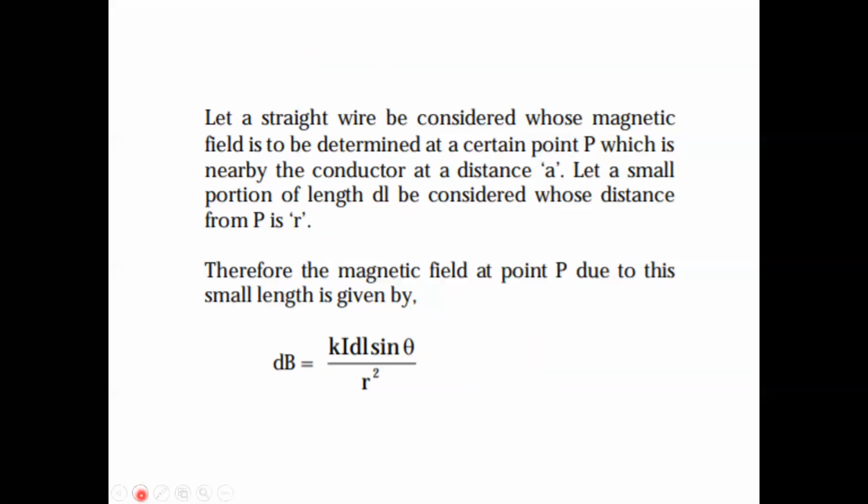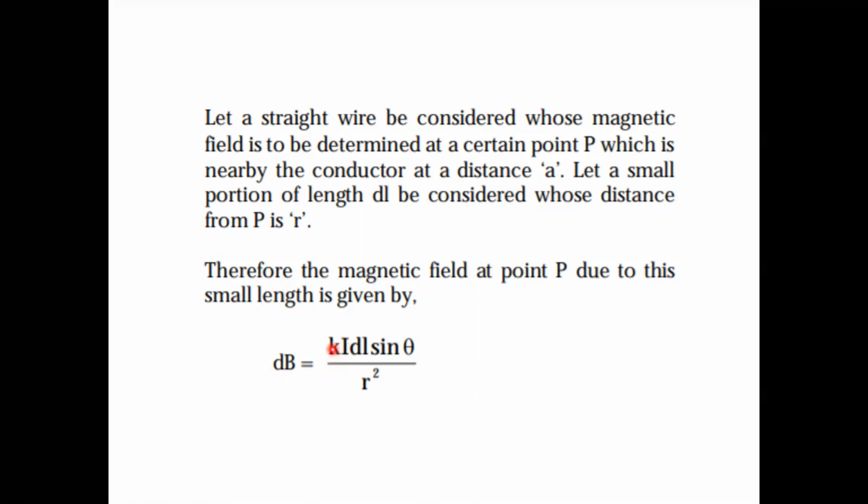Once again I repeat what these terms are. dB is the smallest magnetic field intensity or magnetic flux density. K is a constant which is equivalent to mu naught by 4 pi.